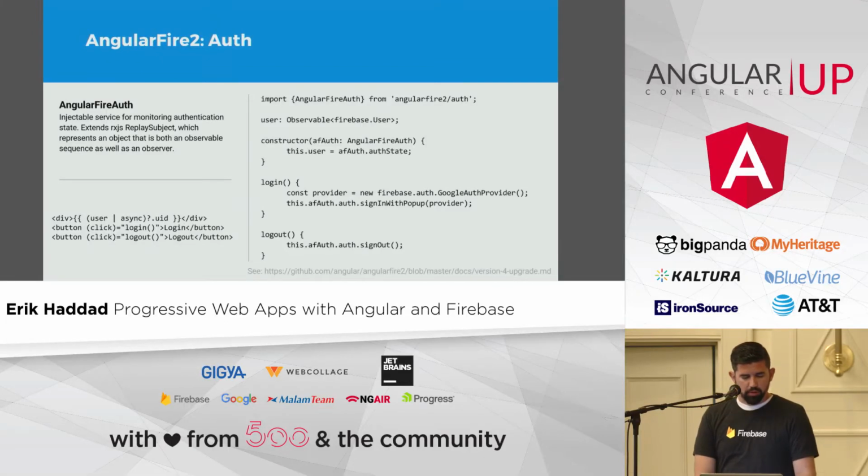And for auth, you can see in the lower left side, this is all the code that would be required for you to have a UI that handles log in and log out. And off to the right, again, this is all in TypeScript, just so you know. So very straightforward here, log in and log out handling.